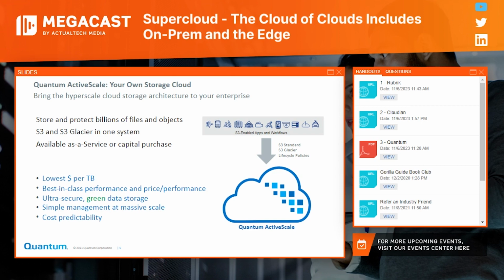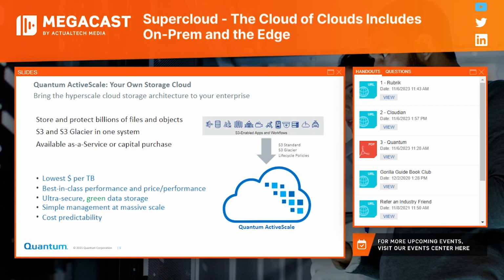And that provides us with the ability to have both S3 and S3 Glacier in one system. And this can provide for a very remarkably low cost of the entire infrastructure by virtue of using lower cost media through this software interface layer that makes it very easy to manage, but also very inexpensive to build your own cloud.